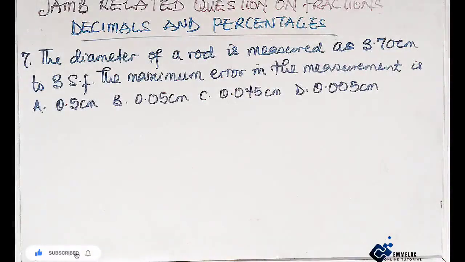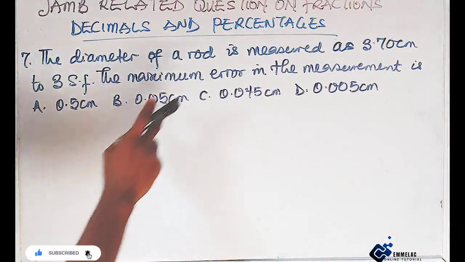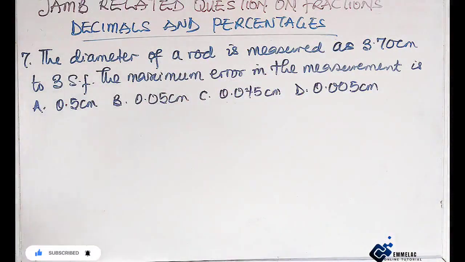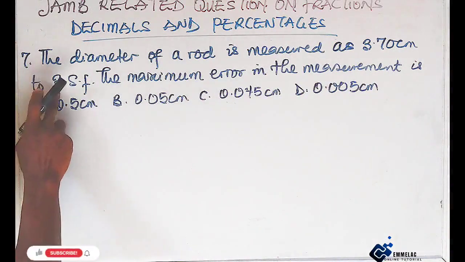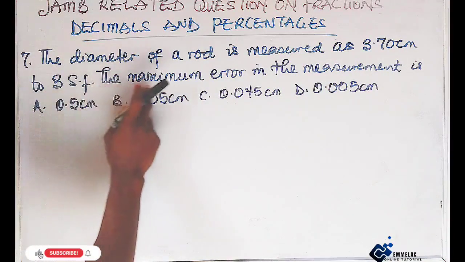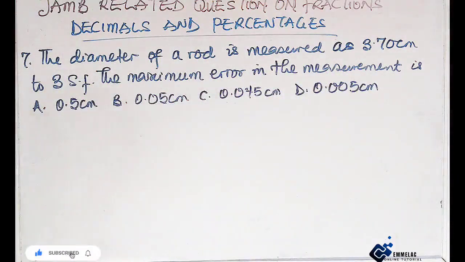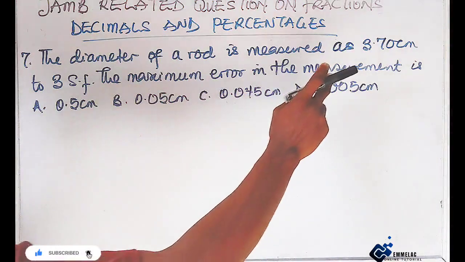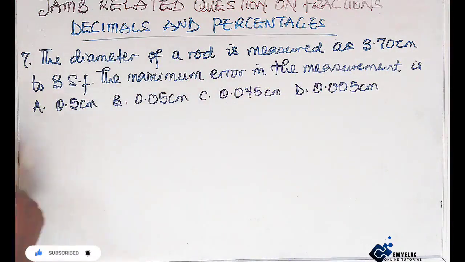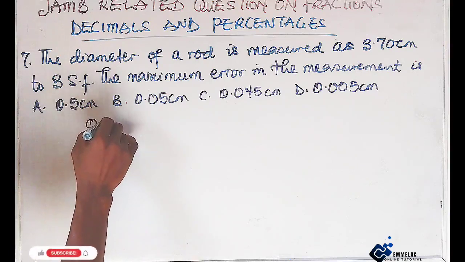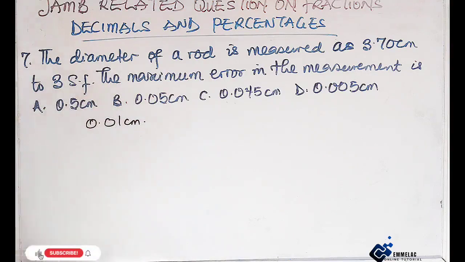And here in number 7, we have that the diameter of a rod is measured as 3.70 centimeter to 3 significant figure. Now, the maximum error in measurement is, now we're given the options. Take note that for measurement, the error should be 0.01 centimeter, right? So to this end, we divide this by 2 to ascertain the higher and the lower level.